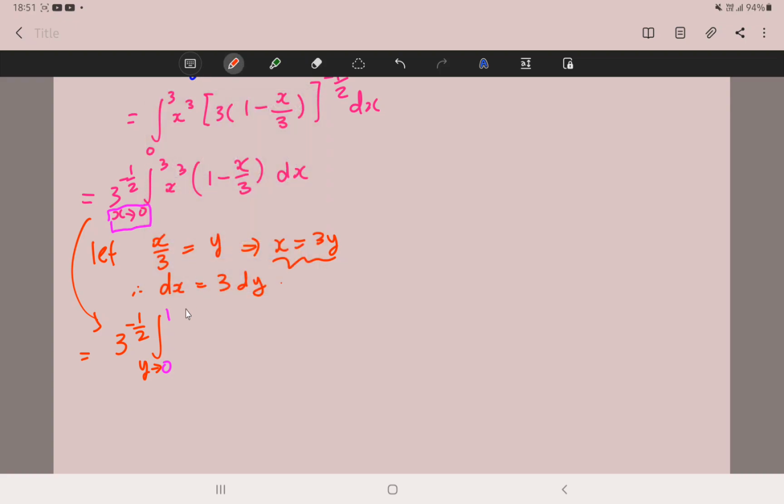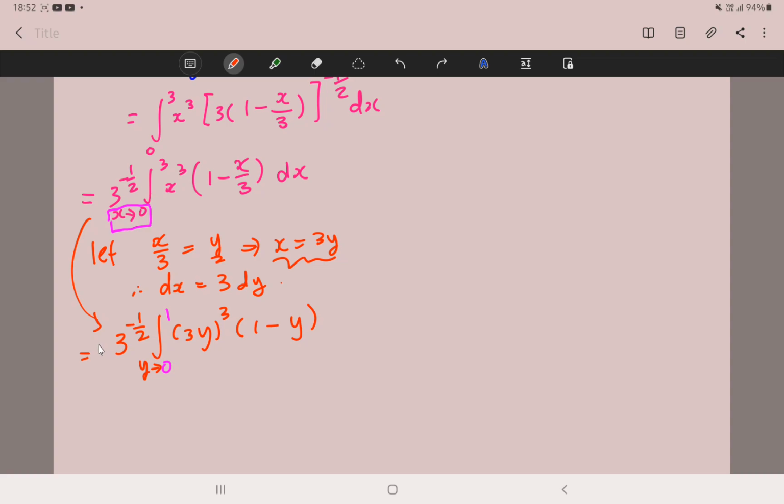Because we let y equal x over 3, or x equals 3y, we have 3y cubed times 1 minus x over 3, which is y, and dx is 3 times dy.